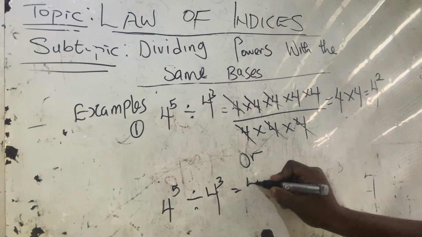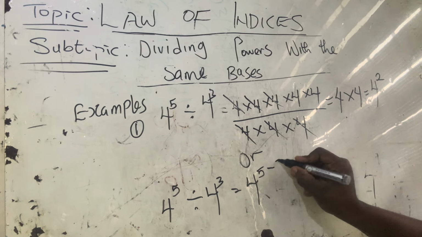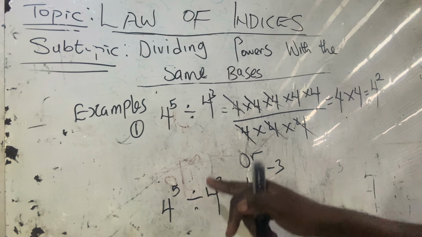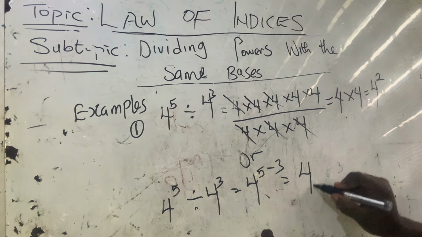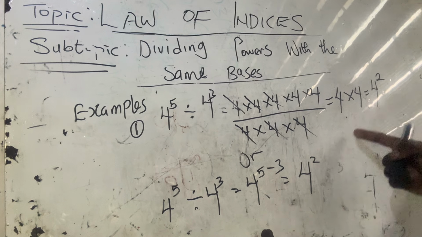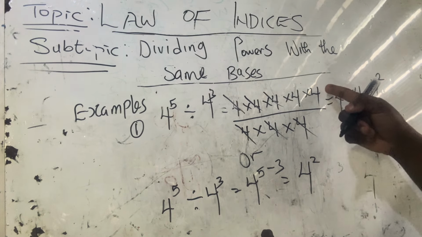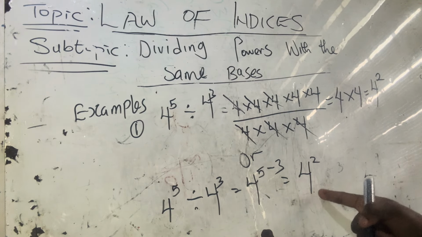It means 4 raised to power 5 minus 3, because division sign means minus under law of indices. So which will give us what? 4 raised to power 2. Can you see the answers are the same? So this method is called the expanded method, while this method is called the short method.